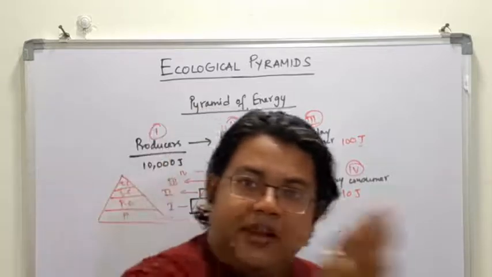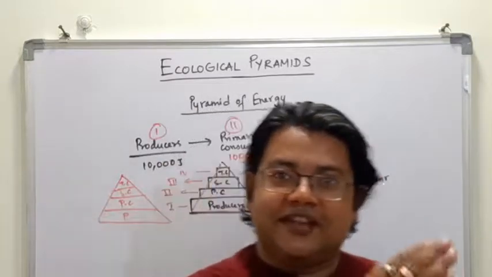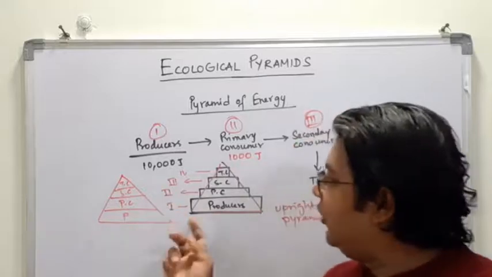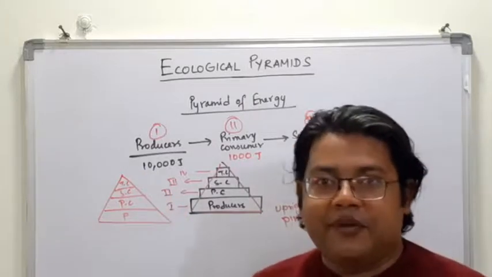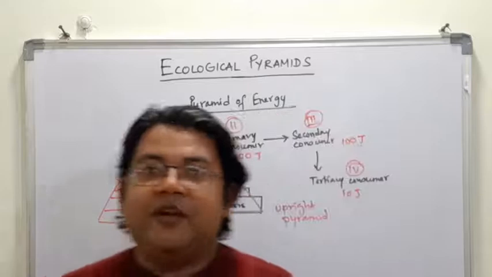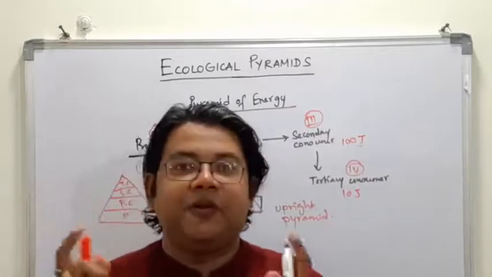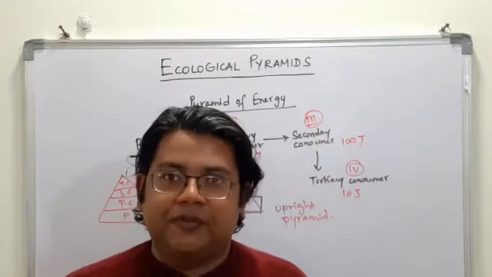As we move along the trophic levels, the amount of energy gets less, and the pyramid of energy will look like this, which is an upright pyramid of energy. So the pyramid of energy will always be upright. There will be no inverted, no spindle shaped pyramid of energy.